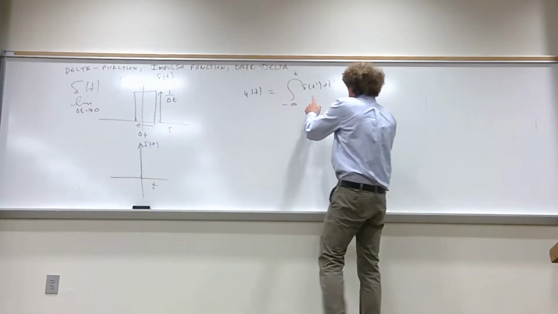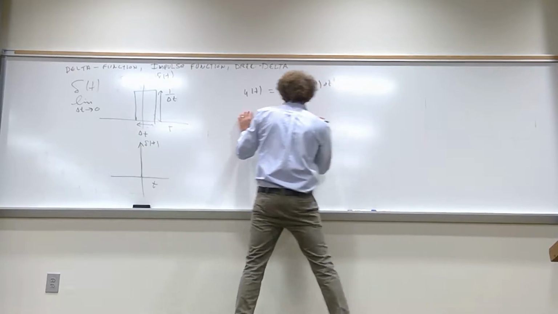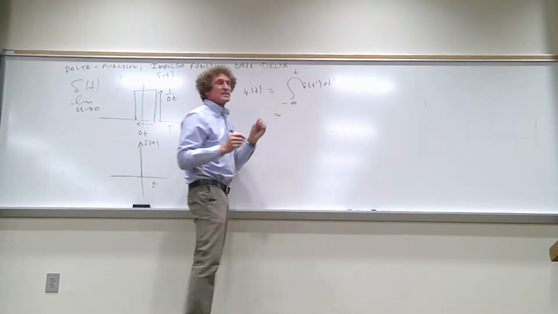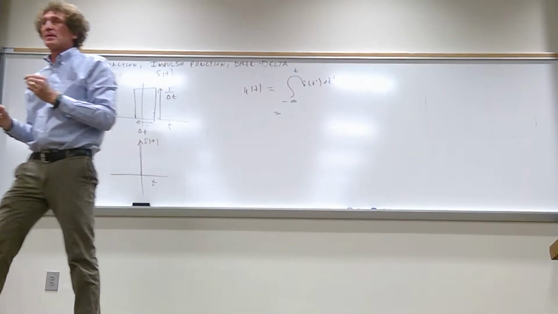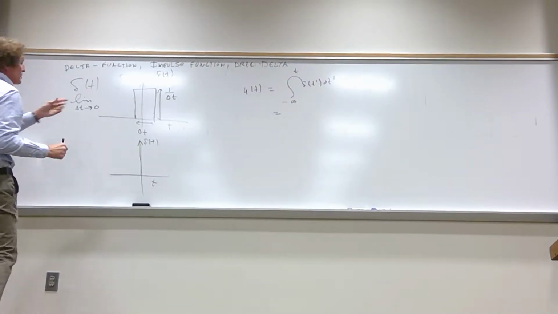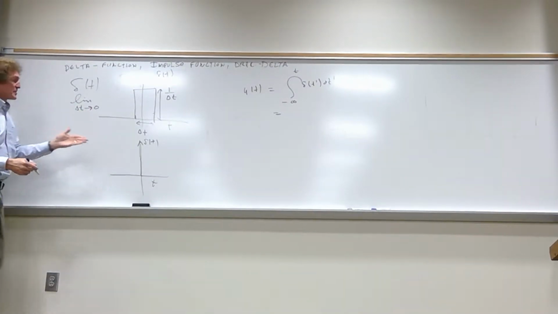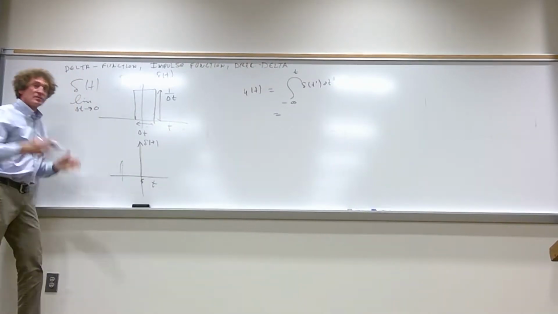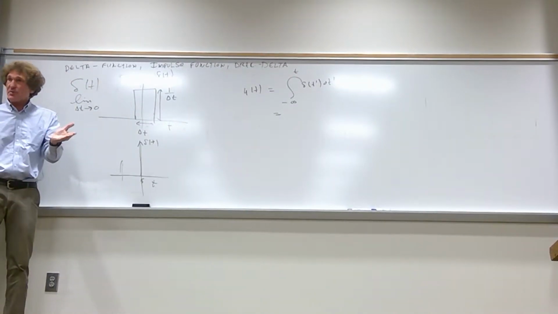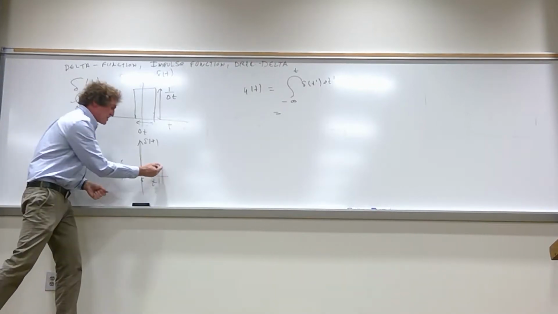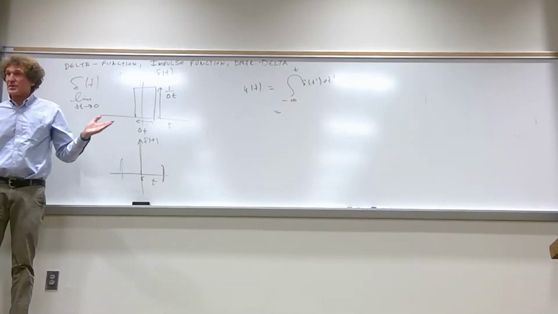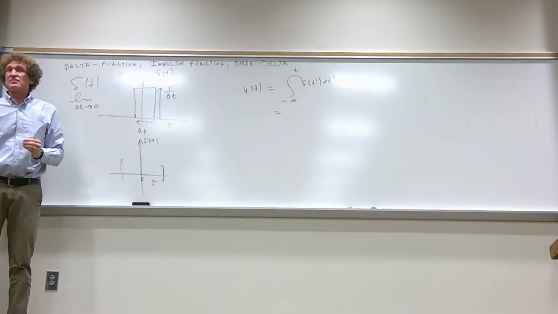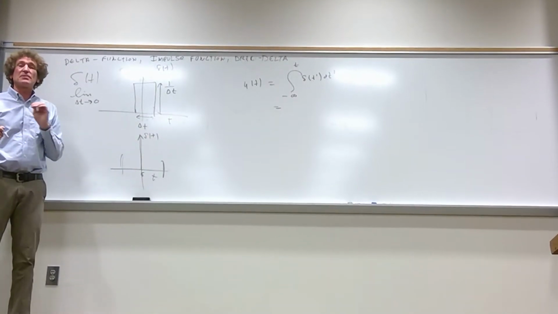Now, if you look at this right here, what is this really? Think about it. What if t is less than 0? Really, what I've got here is delta t, if this is versus t, this is 0. What's the value of delta t down here? 0. It's 0, right? What's the value of delta t up here? 0, right? The only place it's defined is when the argument t is 0, right?